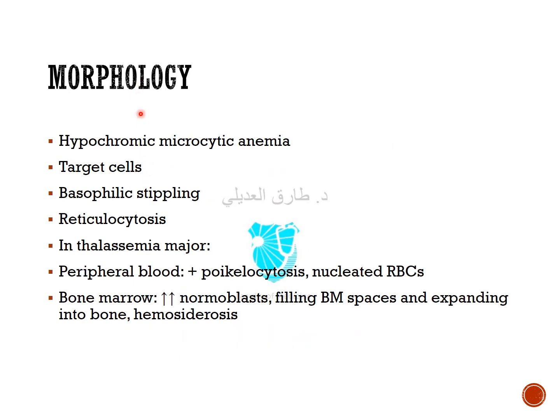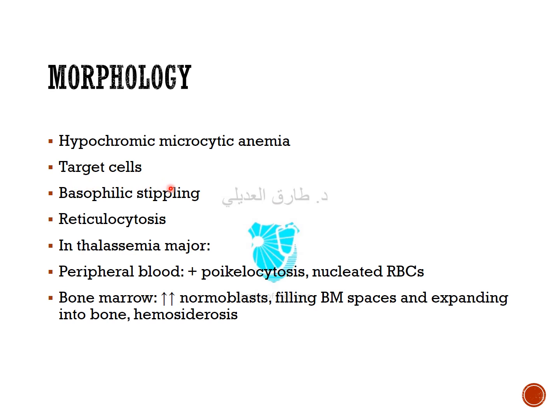Morphology: we have a short amount of hemoglobin, so it is like iron deficiency anemia. We have hypochromic microcytic anemia. Target cells appear again because we have abnormal hemoglobinization in each RBC. There is a peculiar feature we call basophilic stippling. Basophilic means blue color.